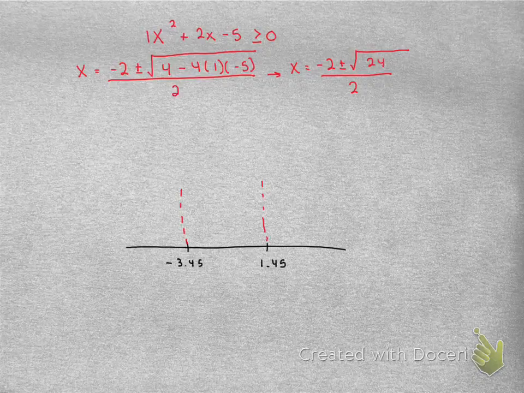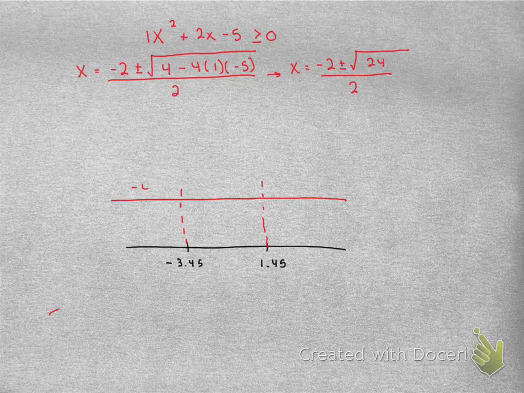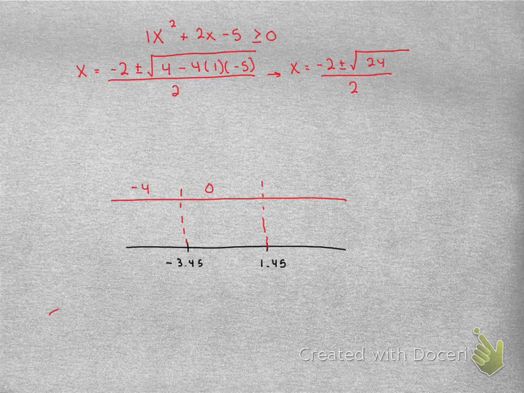Okay. All right. So our test numbers: anything less than negative 3.45 could be a negative 4, in between, a 0, and greater than 1.45 would be a 2.